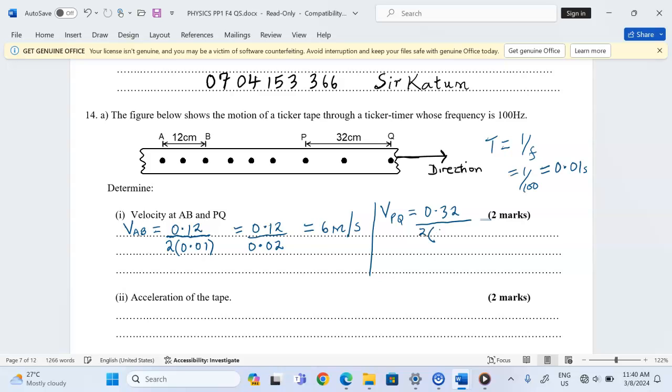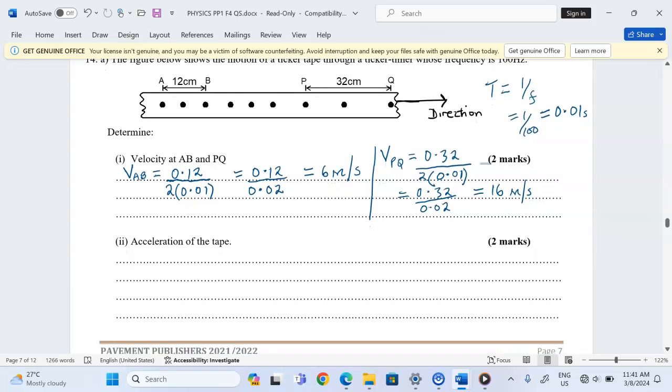So for each interval, we have a period of 0.01. Therefore, in this case, we will be dividing 0.32 by 0.02. This is going to be exactly 16 meters per second. So we have the two velocities for the two regions.